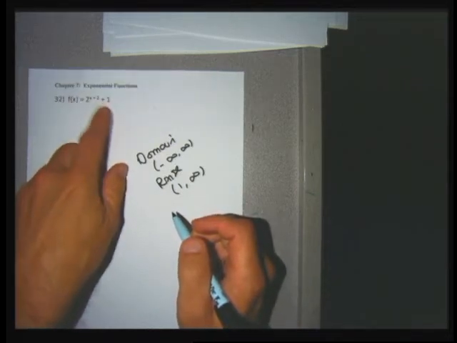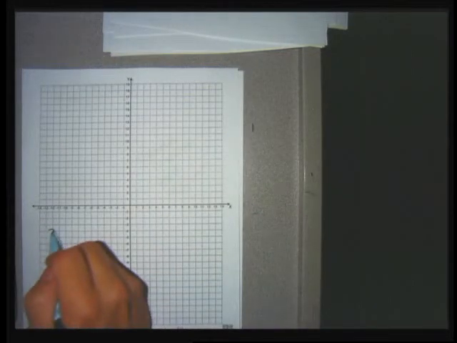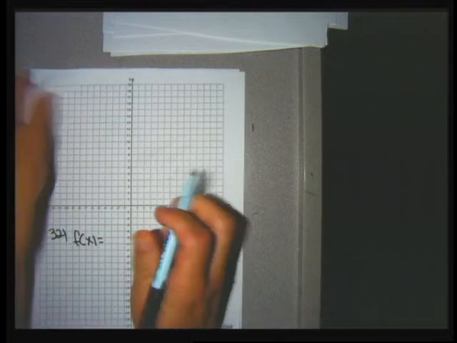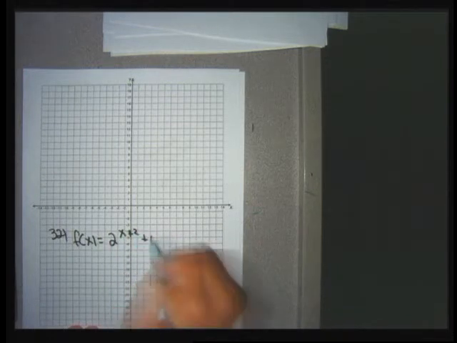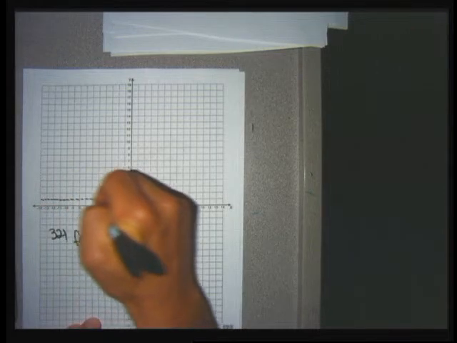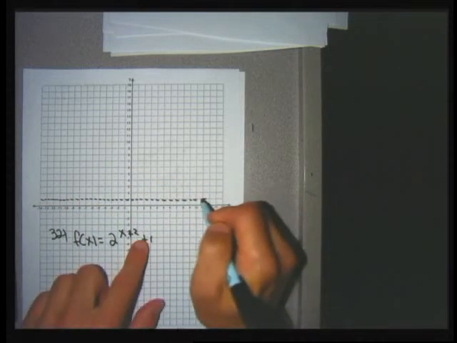It's this number there, and it only impacts the range. So when I do 32, f of x equals 2 to the x plus 2, plus 1, I'm going to draw a dashed line through positive 1 on the y-axis because of that plus 1.